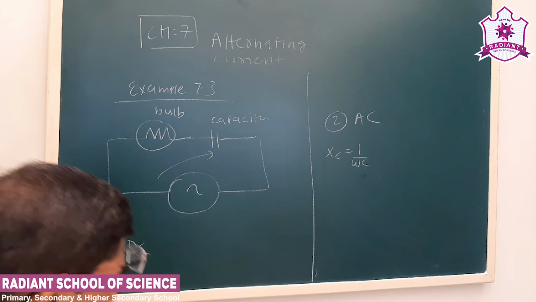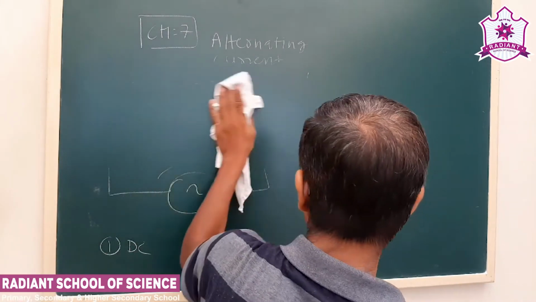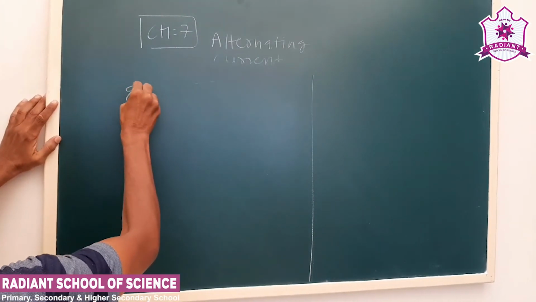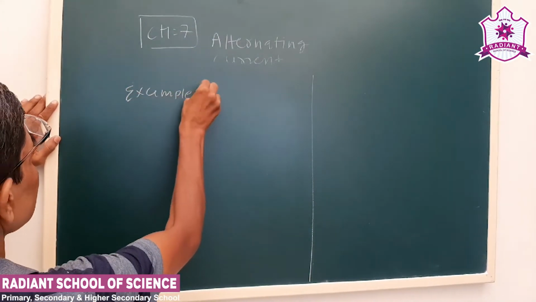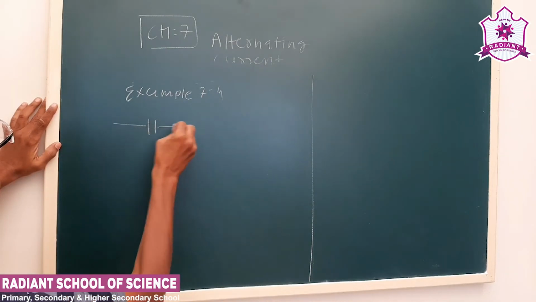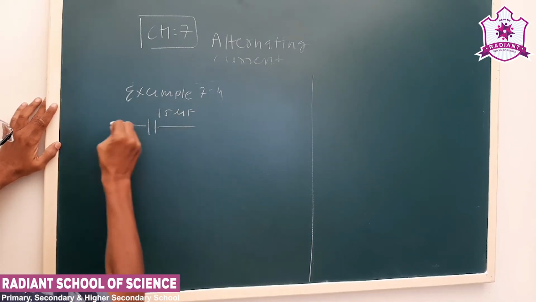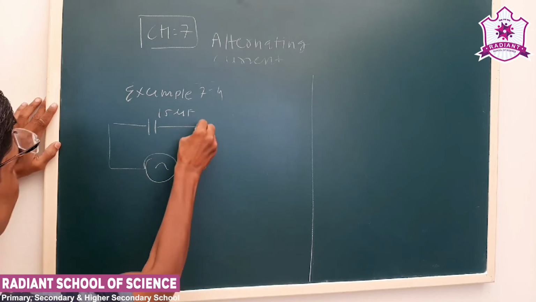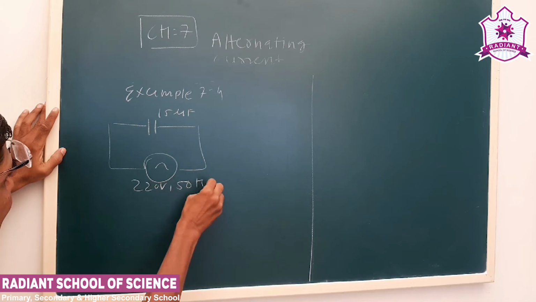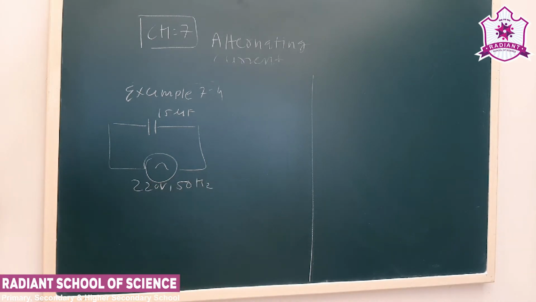Now see, next is example number 7.4. A 15 microfarad capacitor is connected with a 220 volt supply, and this is an RMS value.